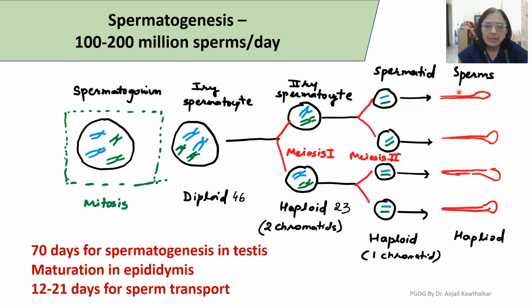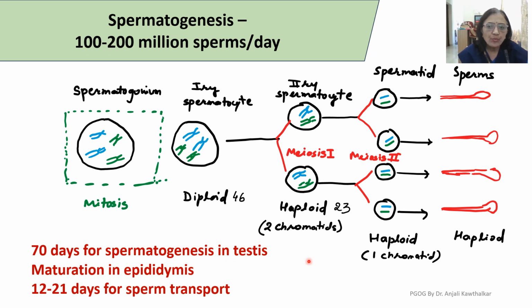Then there is further differentiation and development of the sperm. So this is how from one spermatogonium we get 4 sperms. The whole process takes around 70 days.